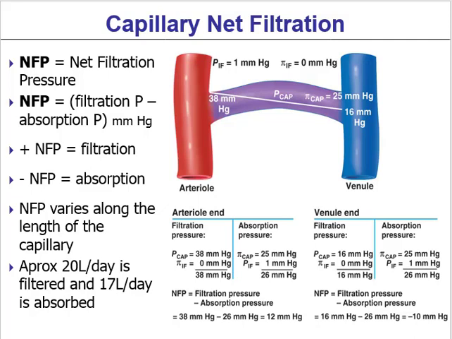Positive net filtration pressure will drive the filtration side, and a negative net filtration pressure will promote absorption of fluids to be returned to the venous blood flow. About 20 liters per day is filtered in this way. Just wait till we talk about this in the kidneys, where we'll be talking about 180 liters per day. You'll get an idea of high demand organs when it comes to blood flow in the coming chapters in this unit.